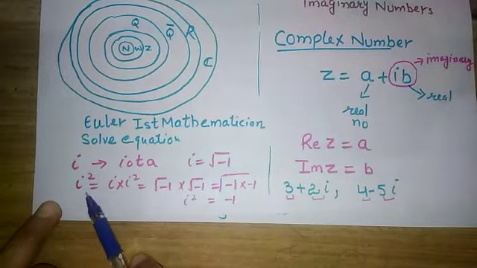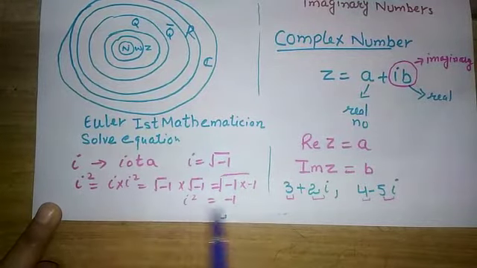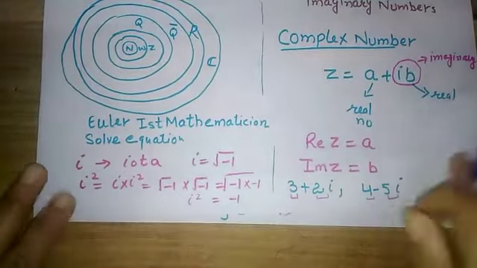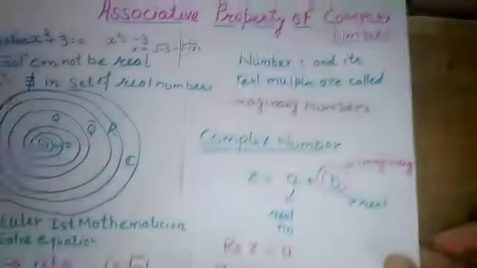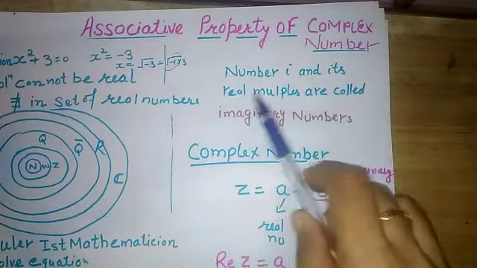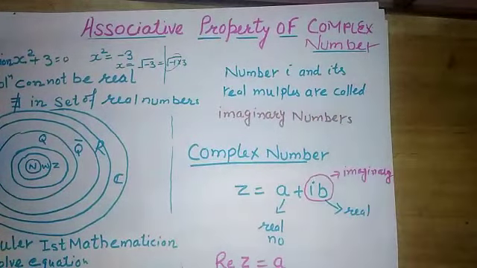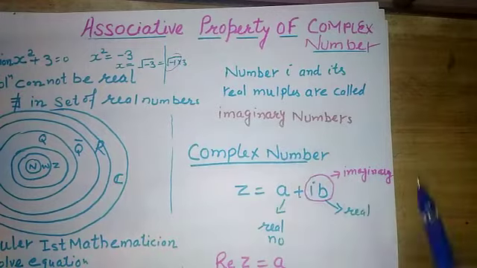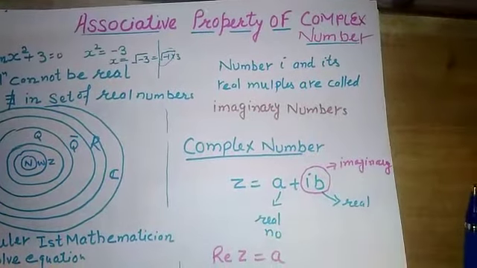If I multiply iota 2 times, it gives me the value minus 1. So the number iota and its real multiples are called imaginary numbers. An imaginary number is not a real number; it is not a part of the real numbers. It is separate from the real numbers.